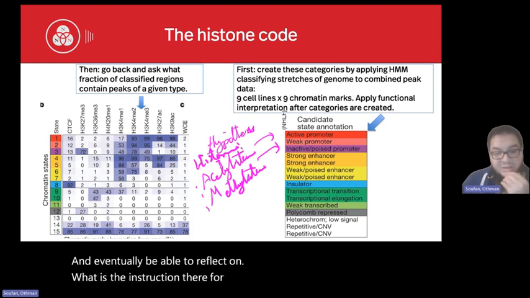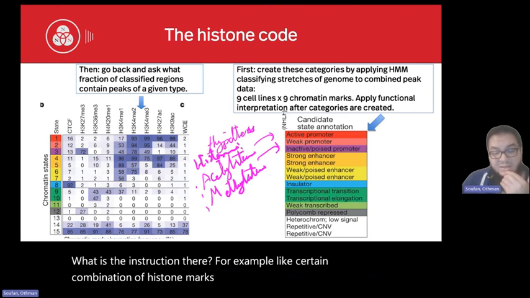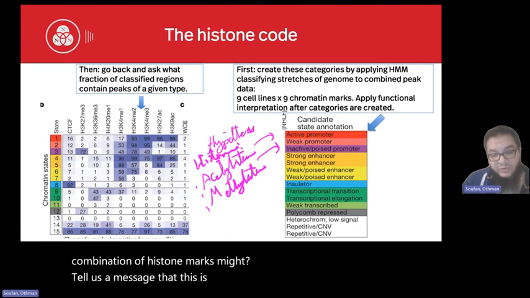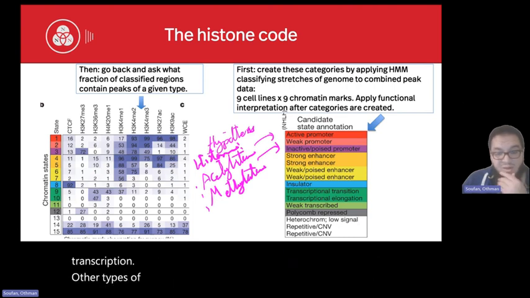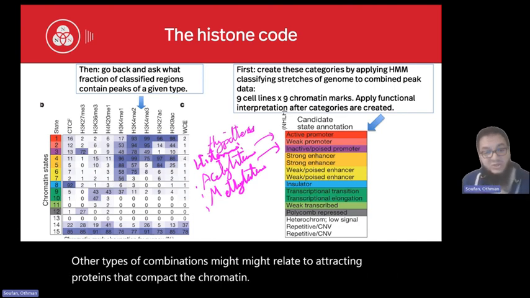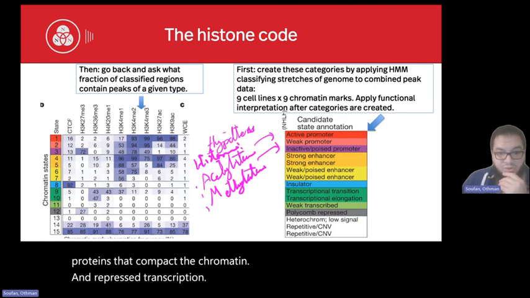For example, a certain combination of histone marks might tell us a message that this is for recruiting proteins that activate transcription. Other types of combinations might relate to attracting proteins that compact the chromatin and repress transcription, and so on and so forth.